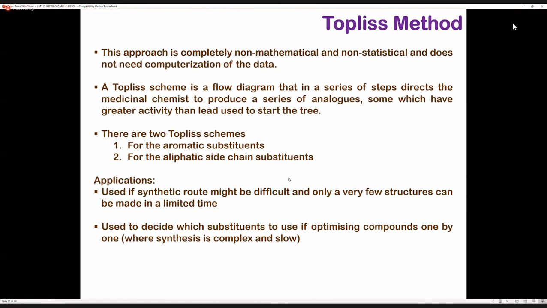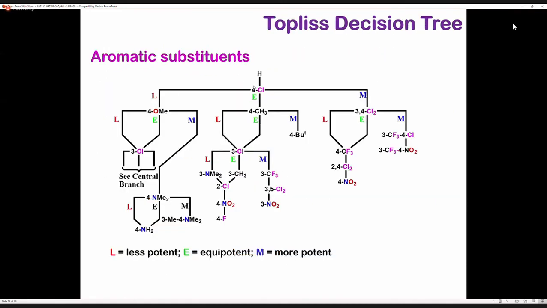Okay. So tak berapa sangat lah yang ni, dia tree decision method lah. Okay. So whether it has the same activity, or it has more potent, more activity, or it has less activity. Okay. So these are how it reaches the decision lah. Yang mana paling bagus lah substituent. Kalau tengok kat sini Cl, CH3, basically you have Cl, tak ada banyak beza because equipotent, maknanya lebih kurang sama.